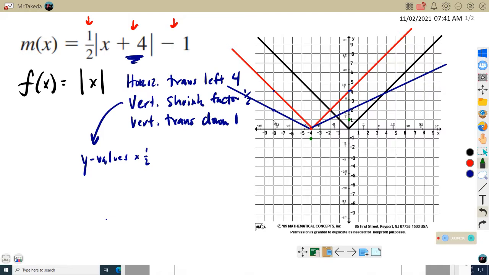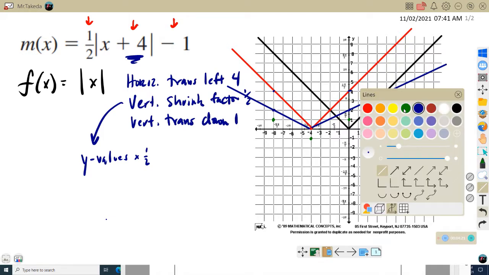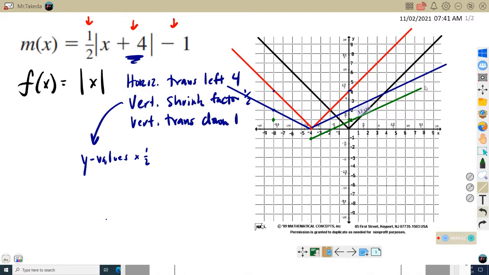And so now this graph looks like this, right? The green one is my transformed graph with the 3 different transformations happening there. Okay, so that's the first one.